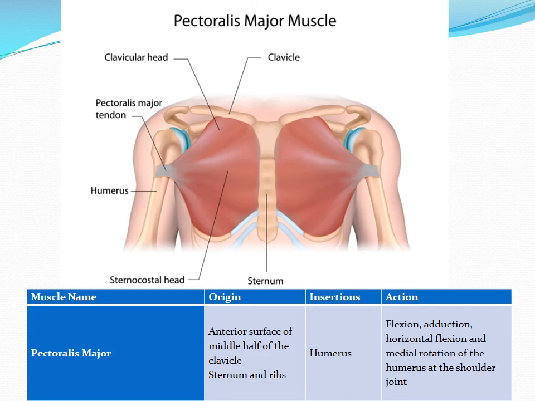And also because of where the tendon attachment is on the humerus, because of that exact position, it will allow for medial rotation of the humerus. So once again, it will allow for flexion, adduction, horizontal adduction, and medial rotation of the humerus.